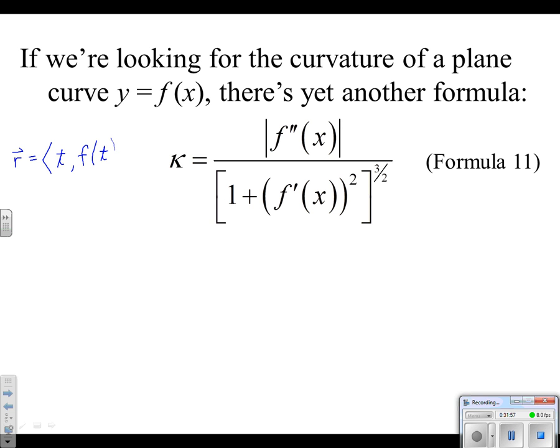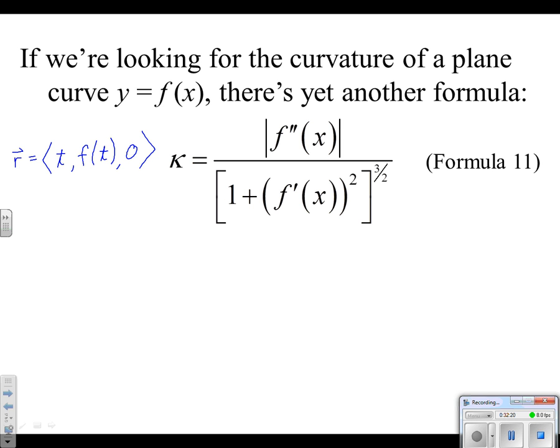And then if this exists in the xy plane, then the z component would be 0. If you were to take this vector function r and apply formula 10 to it, or probably formula 9 too, I don't know, but if you applied formula 10 to it, this is exactly the formula that you would get.